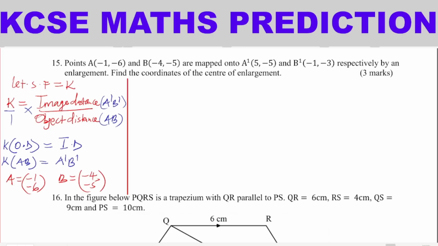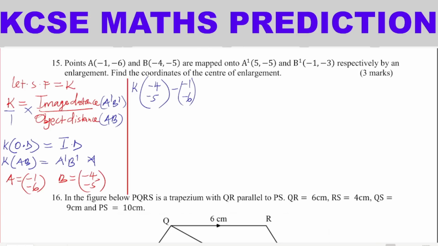To get AB, I take the column vector B, subtract A. So K times AB: to get that displacement AB, I take B, that is (-4, -5), and then subtract A, which is (-1, -6).